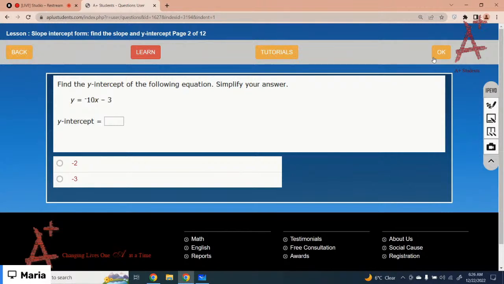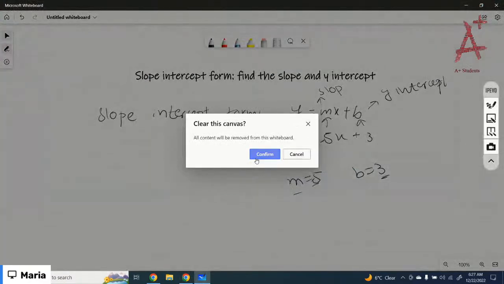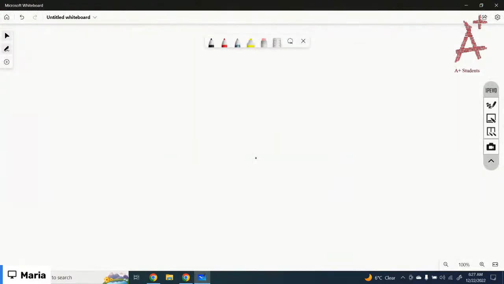OK. Find the y-intercept of the following equation. Y equals -10x, -3. Just compare the equation with the slope intercept form of the equation, which is y equals mx plus b.